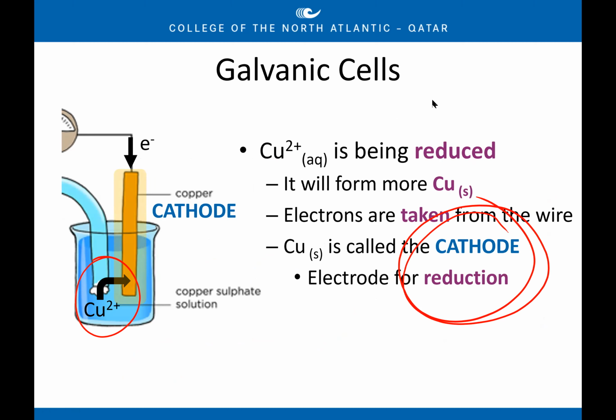And when I was in chemistry, no one ever told me this. Or, well, if they did, I wasn't listening. I never really thought to myself, why would they call one the anode and one the cathode? I kind of just thought it was arbitrary names. But the anode attracts anions, and the cathode attracts cations.